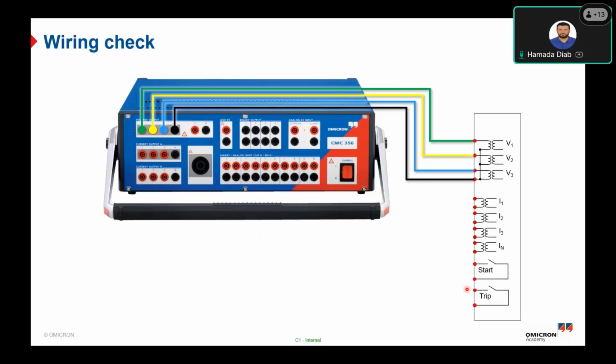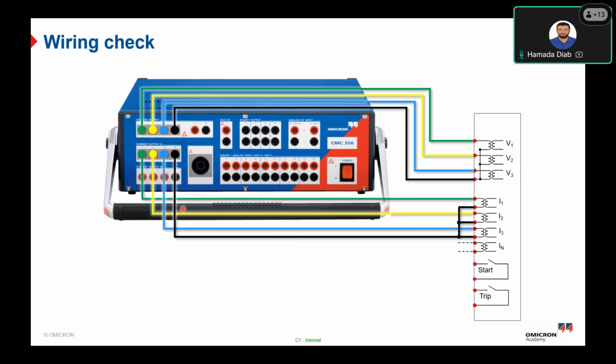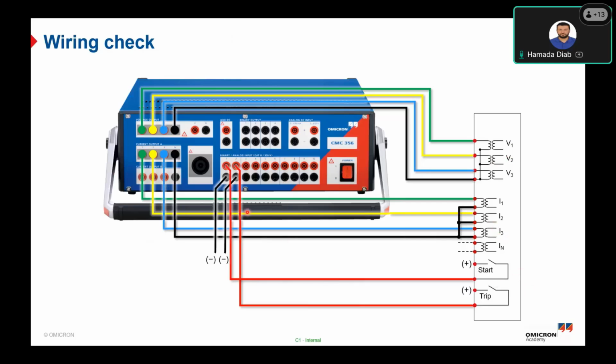Okay, so here's another example. We will wire the 3 voltage channels to the analog input voltage of the protection relay and the 3 current channels to the analog input current channels of the protection relay, and we will use the CMC binary input connected to the relay binary output to check the pickup signal and the trip signal.